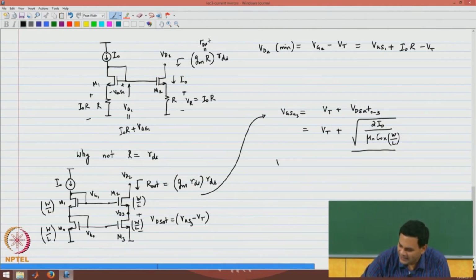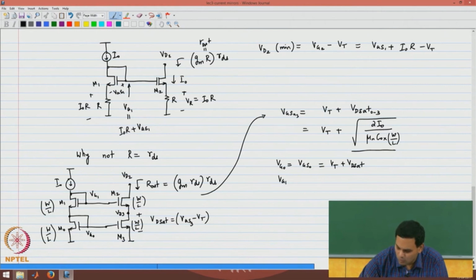So the first thing I can write is VG0 is equal to VGS0. So the gate of M0 and the gate of M3 are biased at a voltage VGS0. So this is VT plus VD sat.